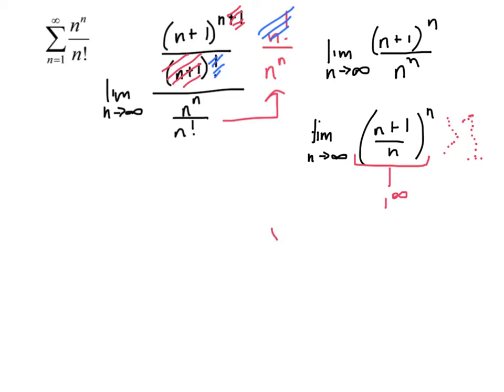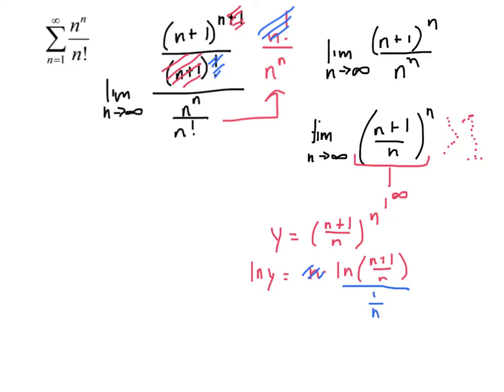So remember, we'd say, well, y is equal to n plus 1 over n to the n. Take the natural log of both sides. Natural log of y equals n multiplied by the natural log of n plus 1 over n. Rewrite this as 1 over n. And you could now do this with L'Hopital's rule.